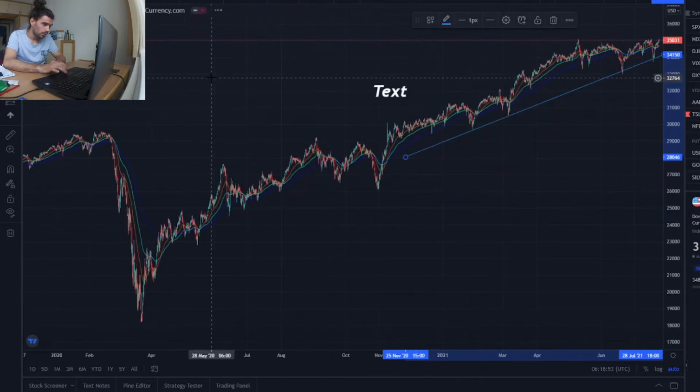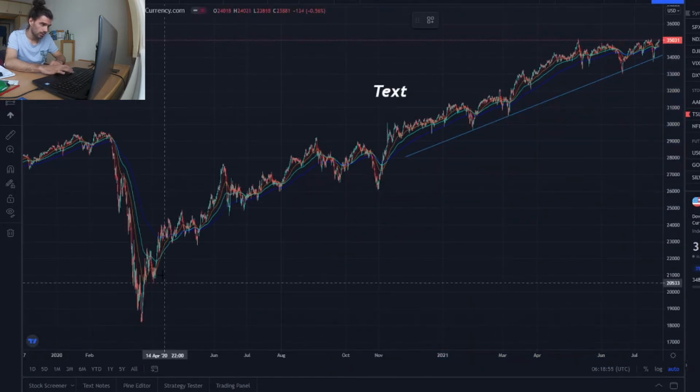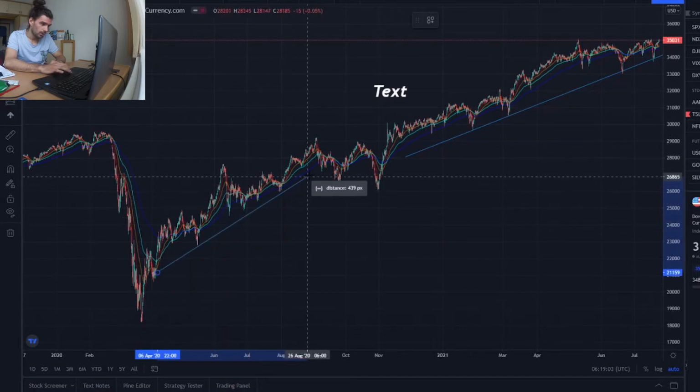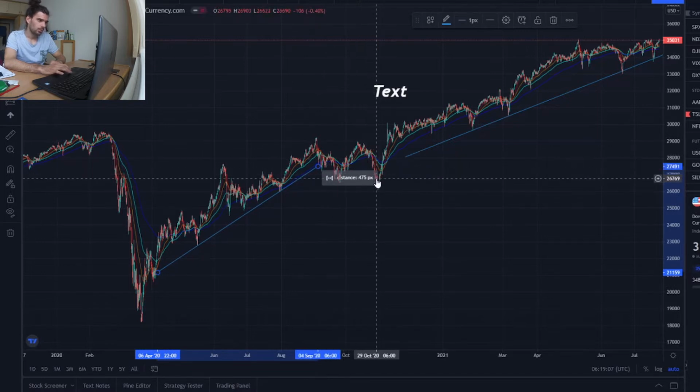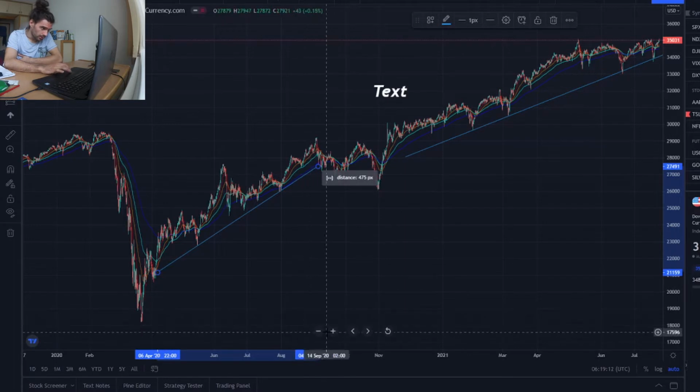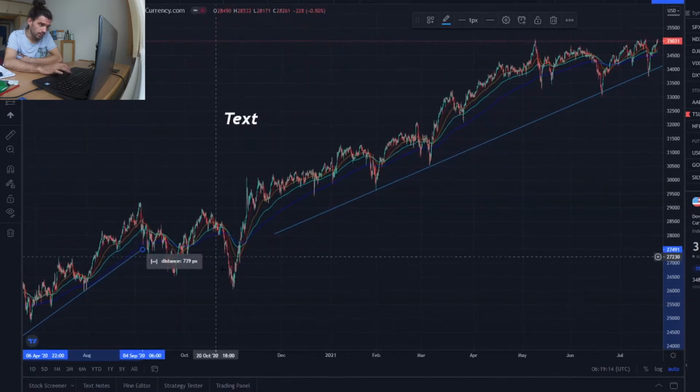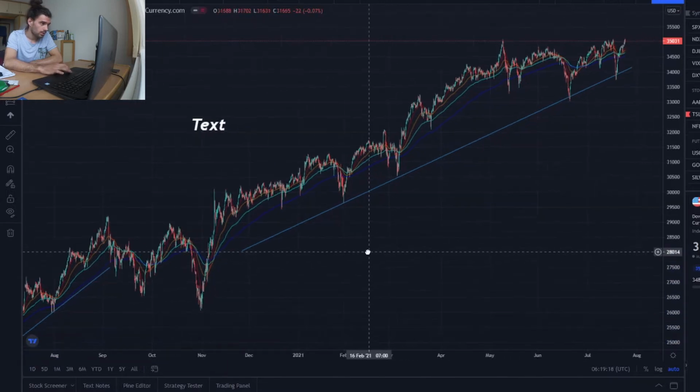This is the 4-hour chart, and usually this happens after some kind of bigger dip, like when we had the Corona situation, and then we had a nice uptrending line. Here again the dip was last year in October. I'm not quite sure what happened here, but again after a bigger dip we saw this nice trend line. So this is the 4-hour chart.